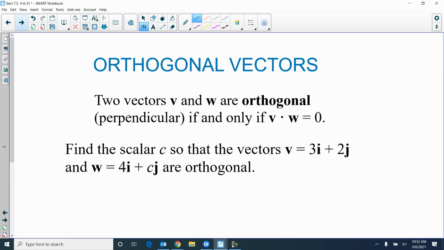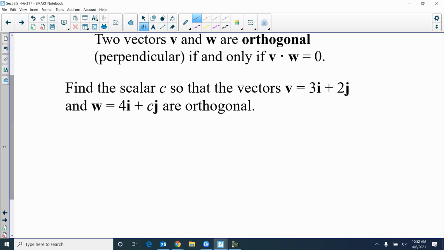All right, so now this one's just a little bit different. It says find a scalar C so that the vectors V and W are orthogonal. It's not asking you whether they are, it's just create the situation where they are. So V is going to be 3, 2, and then W is going to be 4, C. We don't know what that value is at this point.